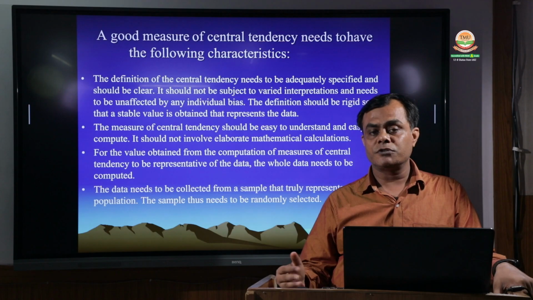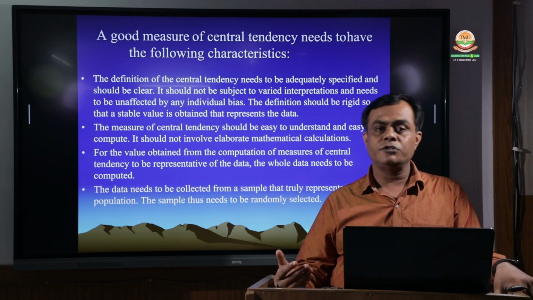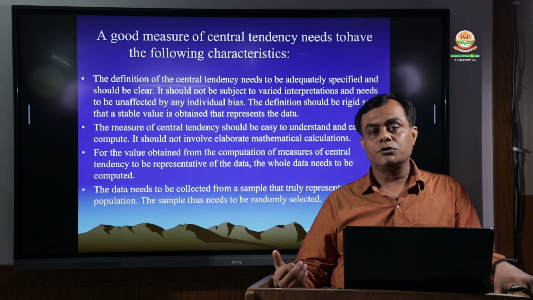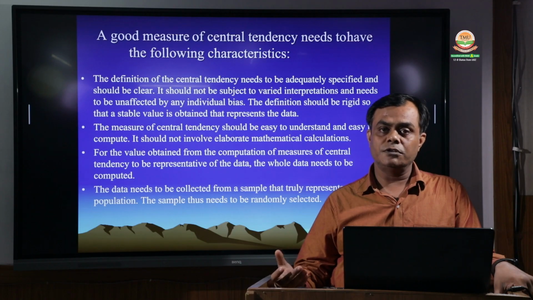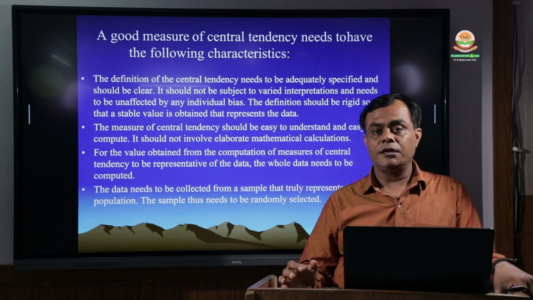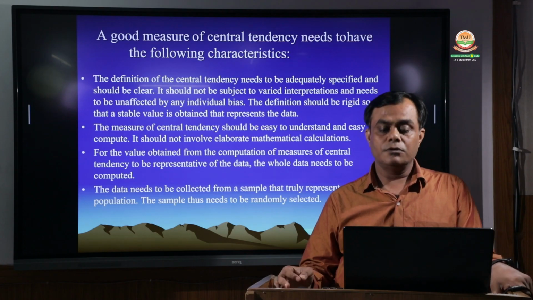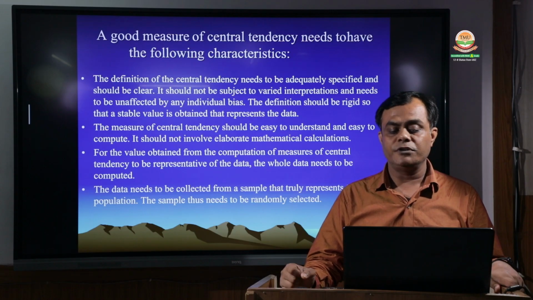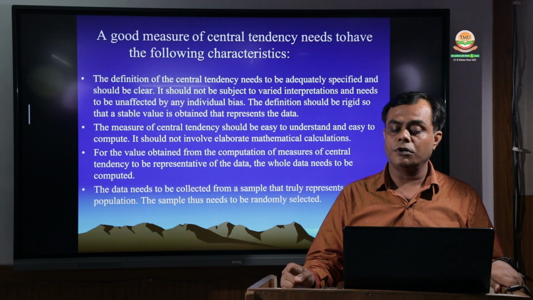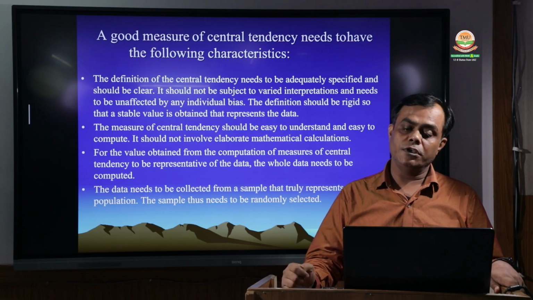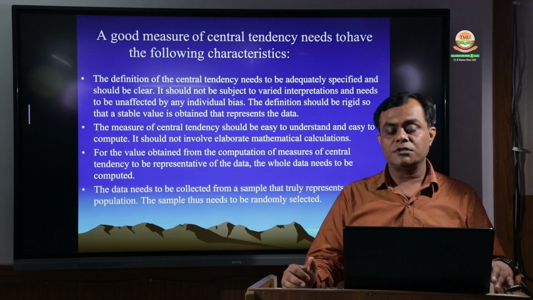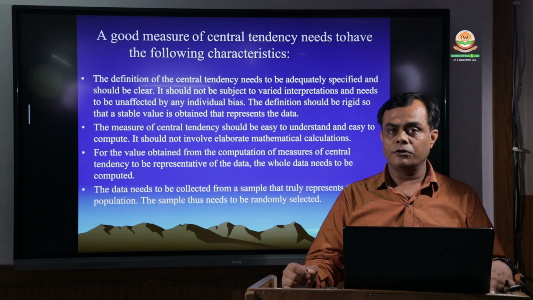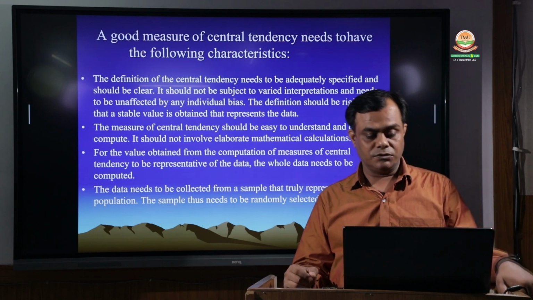The situation might depend upon time, or on individuals, or on geography. Whatever the situation, it should not be differentiated and there should not be any bias, or anything related to human bias. The definition should be rigid so that a stable value is obtained that represents the data. So if the situation is stable, we can obtain a representative, stable value.